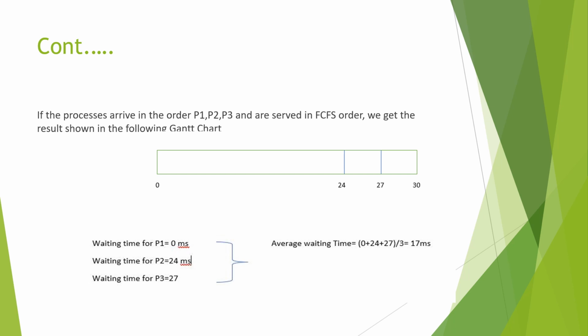It takes 3 milliseconds to execute and ends at time 30 milliseconds. So the waiting time for P1 is 0 milliseconds. Waiting time for P2 is 24 milliseconds. Waiting time for P3 is 27 milliseconds. Average waiting time for the processes will be 0 plus 24 plus 27 divided by 3, which gives us an average waiting time of 17 milliseconds.